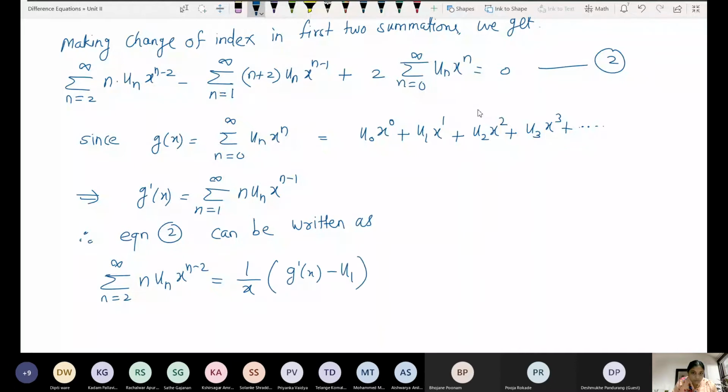Therefore, the first sum in equation 2 can be written like this. Is that okay?